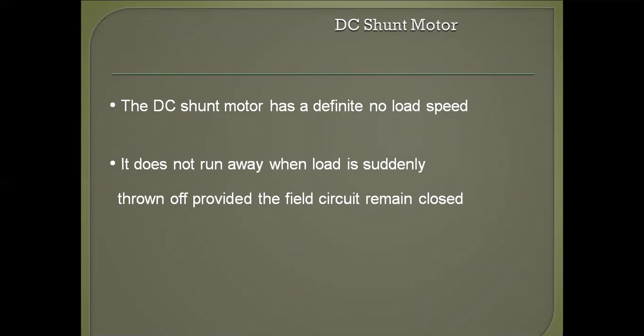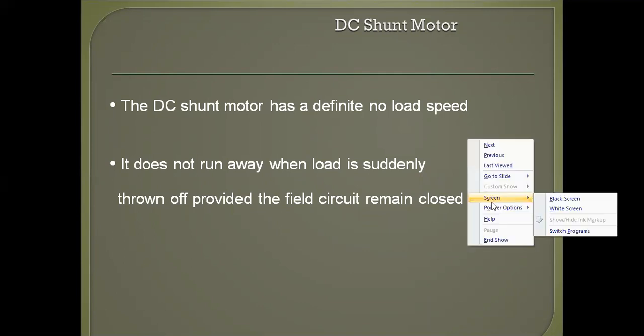Then coming to the DC shunt motor performance characteristic curves, the DC shunt motor has a definite no load speed and it does not run away when load is suddenly thrown off, provided the field circuit remains closed.